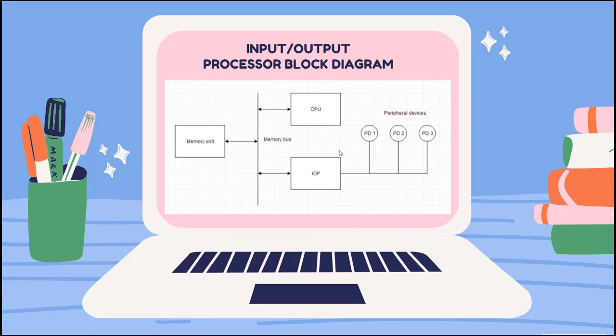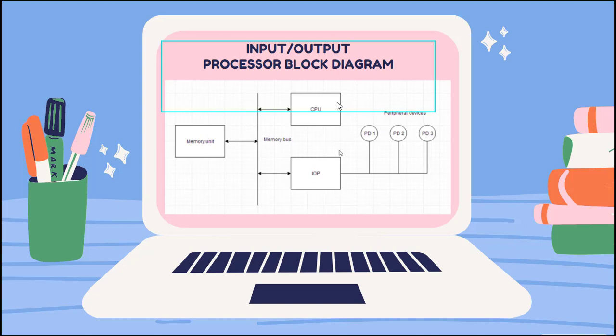Now, below is a block diagram of a computer along with the various I/O processors. The memory unit occupies the central position and can communicate with each processor. The CPU processes the data required for solving the computational tasks.